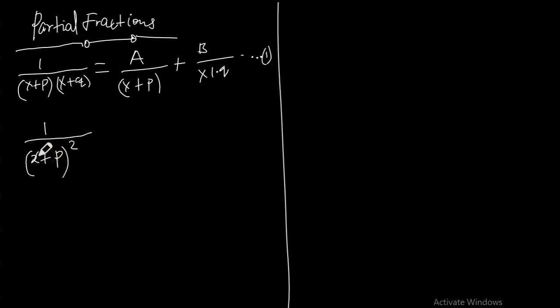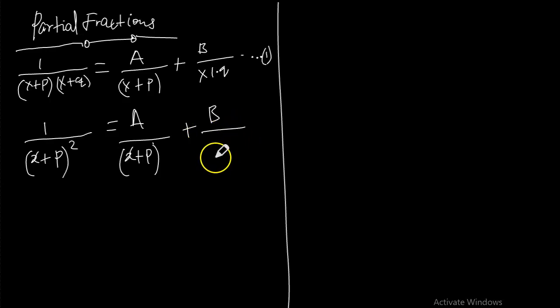In this case, we can split into partial fractions: a divided by x plus p, plus b divided by x plus p, but now squared.